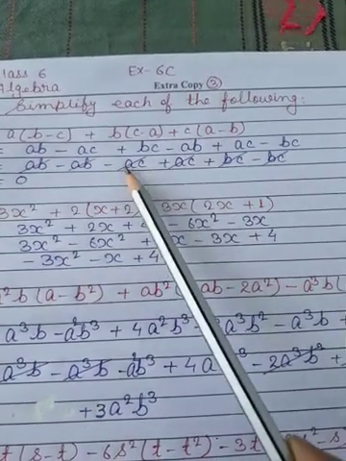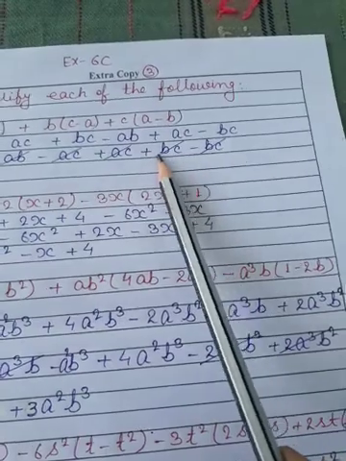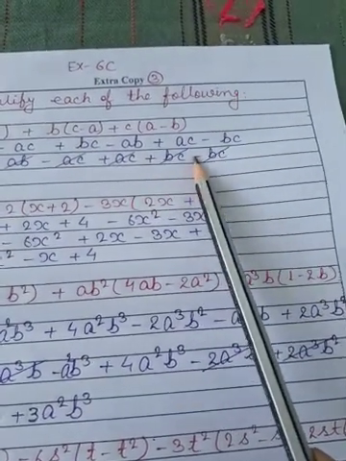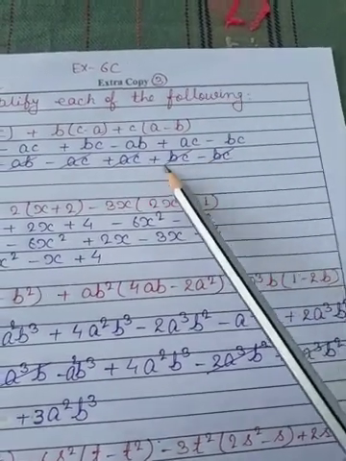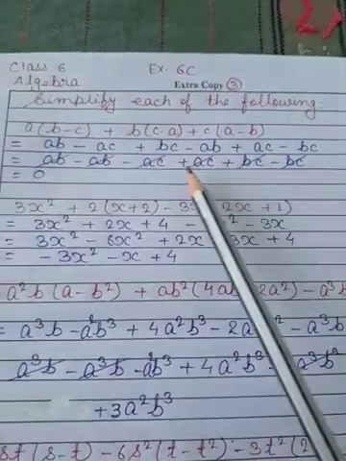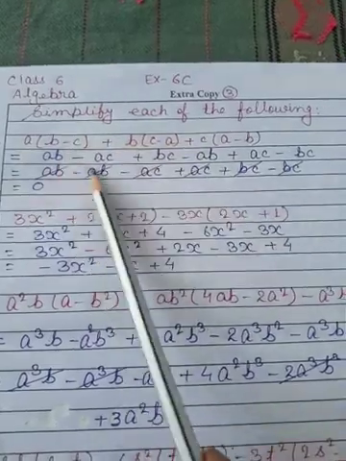Whenever 0 is there, we will cut like this. Once again here, this is plus BC, this is minus BC, so BC minus BC is 0. So BC will cut. Everything is cut, so we have got answer 0. So this is our question number 20.